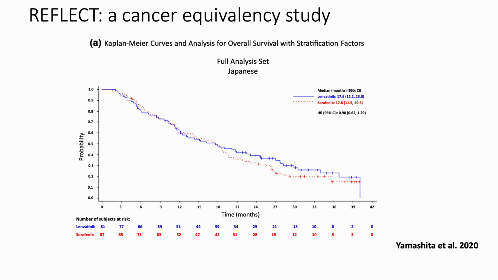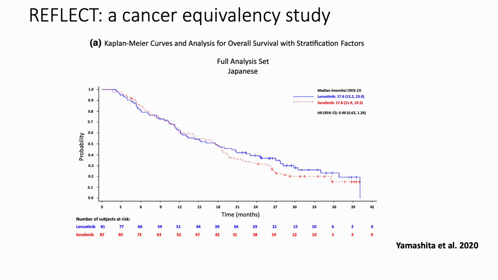Obviously, for sorafenib in red, we may see that after 18 months of treatment, we may indeed see a very slight, but still a change in the survival rate, or the probability of surviving.